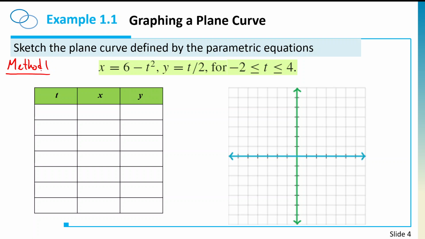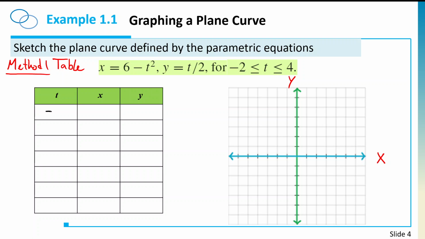The first method, which you already know from graphing, the basic method we usually use, is just creating a table of ordered pairs, and then we plot them in the xy coordinates and we'll see what the graph will be. How do we create our table? Notice that we have the values for t, which change from -2 to 4.